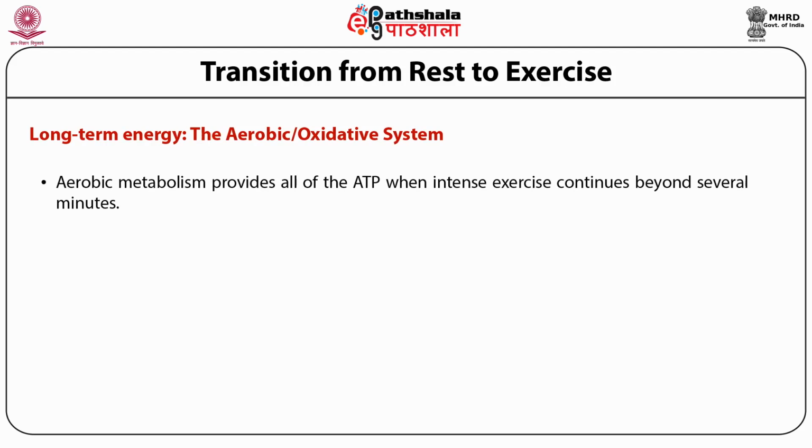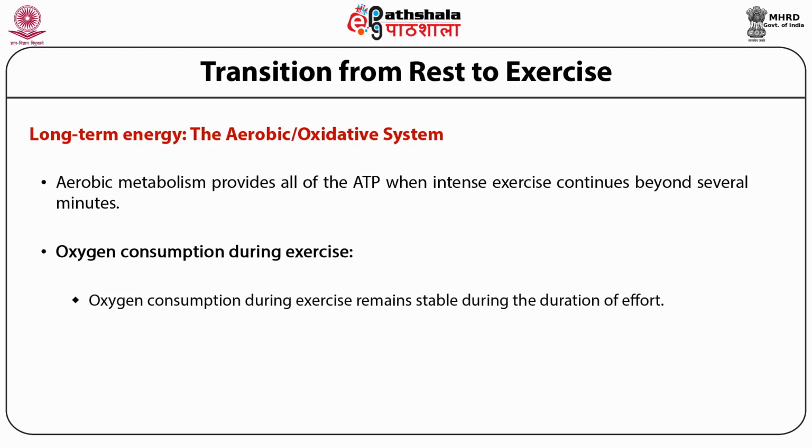Let's see what the long-term energy system is, that is the aerobic or oxidative system. Aerobic metabolism provides all of the ATP when intense exercise continues beyond several minutes. What is the oxygen consumption during the exercise? The oxygen consumption during exercise remains stable during the duration of effort. The term steady state or steady rate reflects a balance between energy required by the working muscle and ATP production in aerobic metabolism.